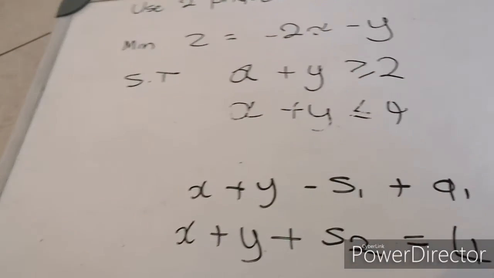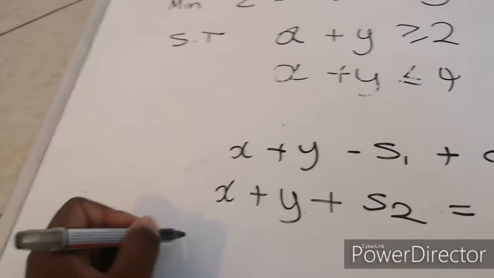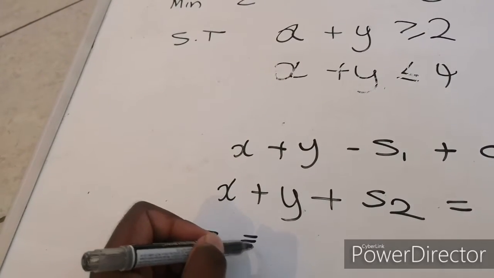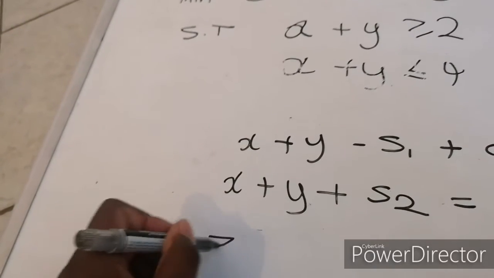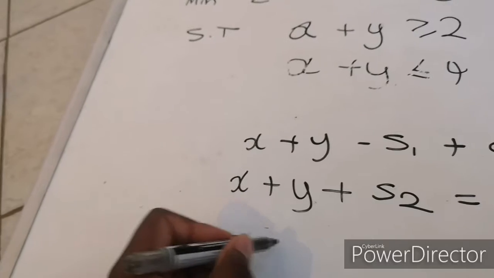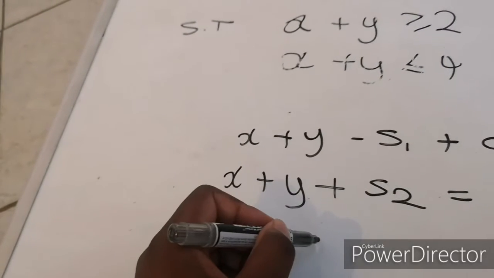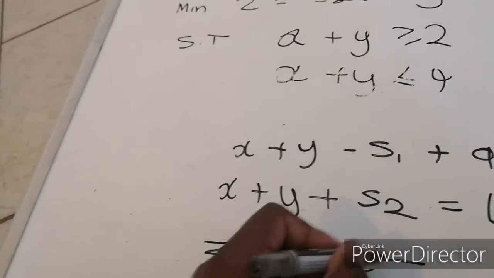In that case, we would have minus z equals to, we would have z equals 2x plus y.